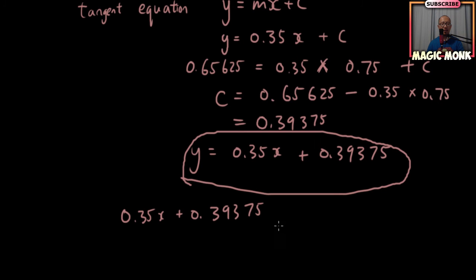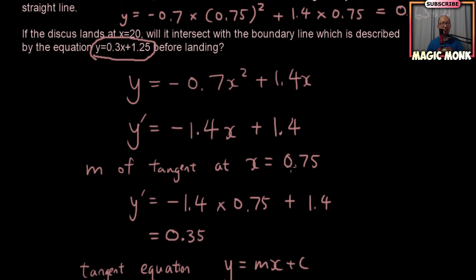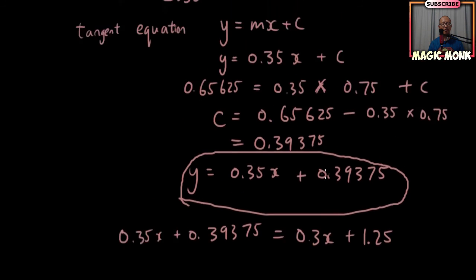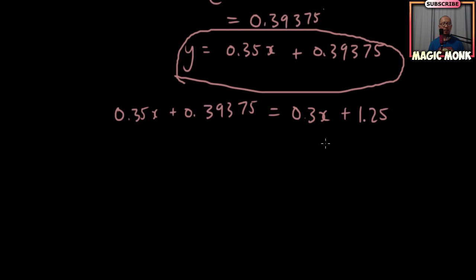That's my path of the discus, and I'm going to make that equal to the boundary line, which is 0.3x plus 1.25. If I make two lines equal to each other, I can find out where they intersect. So what I'm going to do now is solve it.